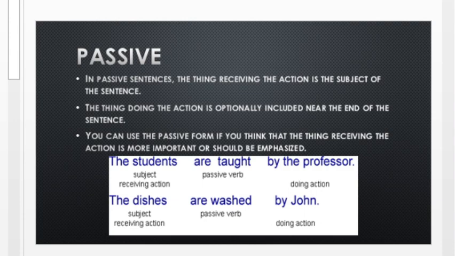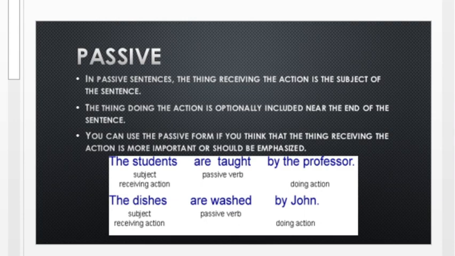You can use the passive form if you think that the thing receiving the action is more important or should be emphasized. You use this when you want to focus on the action, especially when you're writing a report, because sometimes some of the incidents or things that you reported in your progress report had been done by someone else.